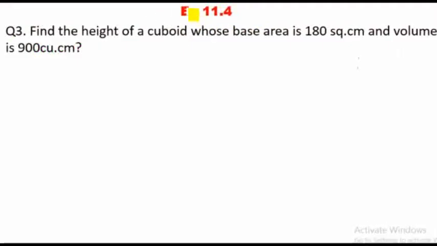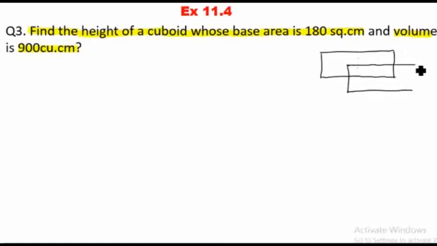Question number 3, exercise 11.4. Find the height of the cuboid whose base area is 180 centimeter square and volume is 900 centimeter cube. So first, a cuboid is there, like this.